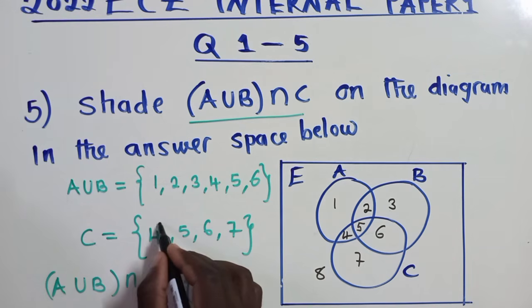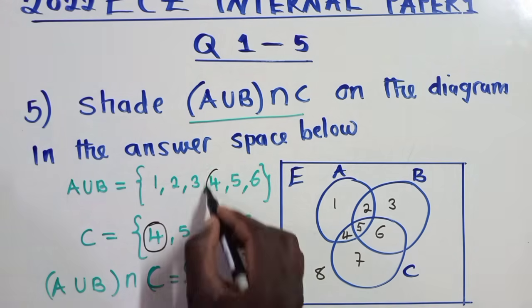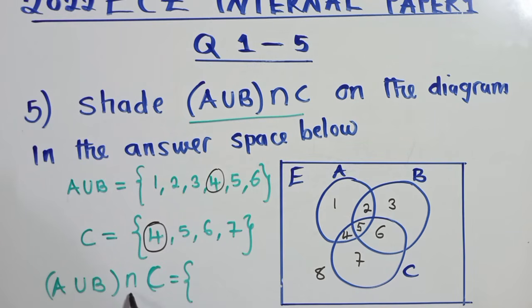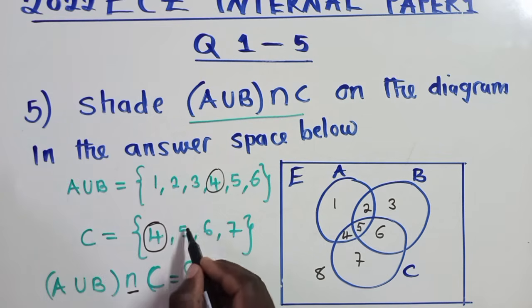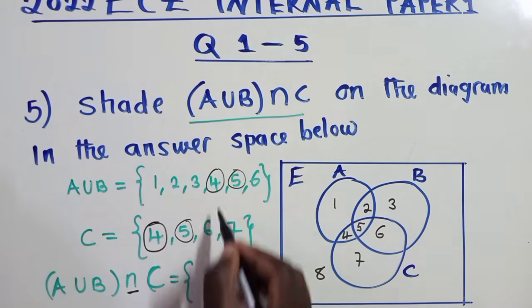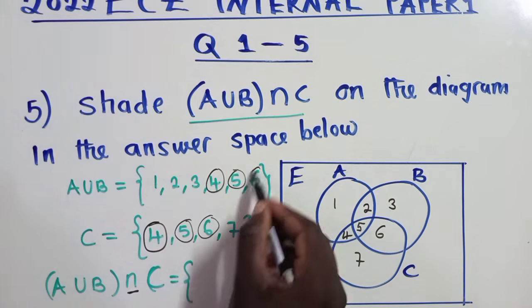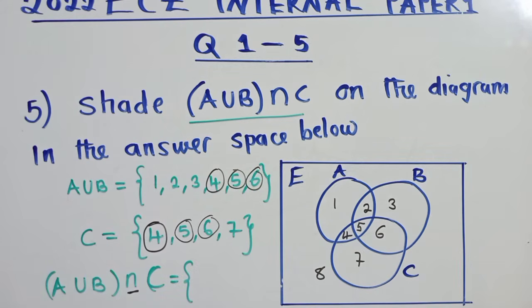So if you can see nicely, 4 is found here and here. That's what it means, intersection, this one. It means get what is found in this set and this set. So 5 is there and it's right here, 6 here and here. So those are the 3 elements that we need to write. So we have 4, 5, 6.